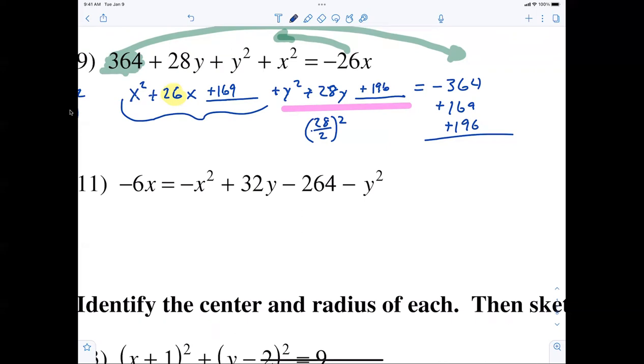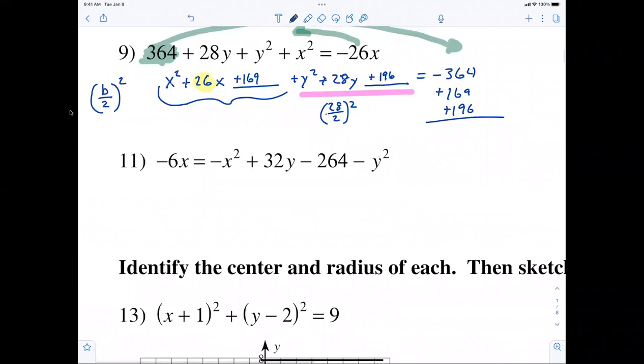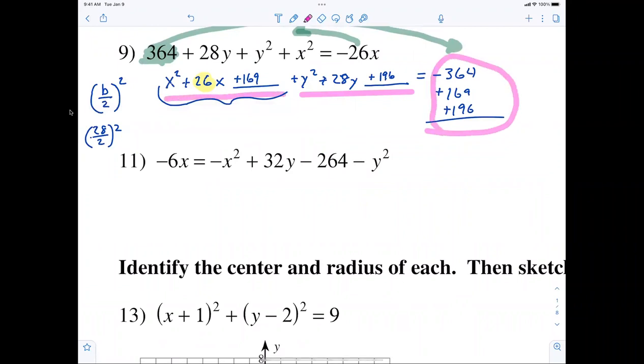Now, when I do all that, that looks to me like that now will simplify. I'm going to simplify this over here, and I'm going to factor these two. Those always factor to whatever the half was. So what was half of 26?